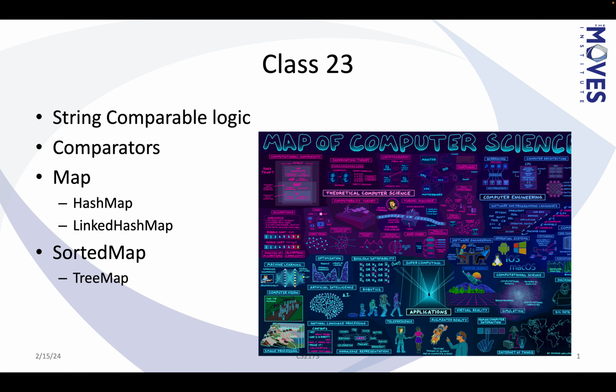There's the comparable interface, which you have a class implement if you want instances of that to just be able to be put on one of these sorted set things. And then there's a comparator interface, which is a different interface which can allow you to change that. And then we'll start talking about maps, time permitting.